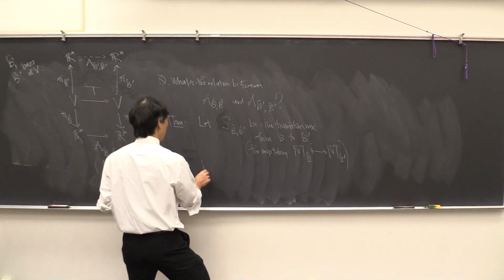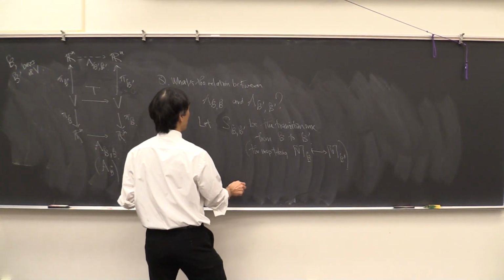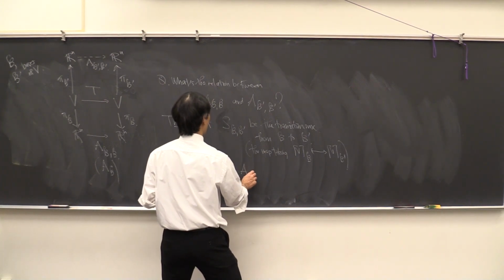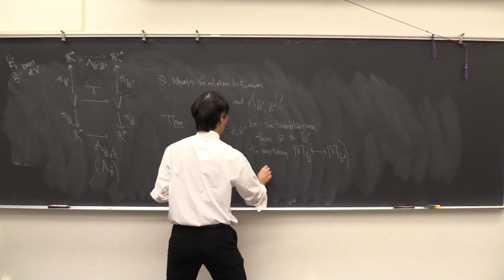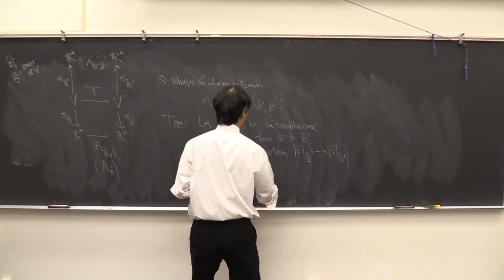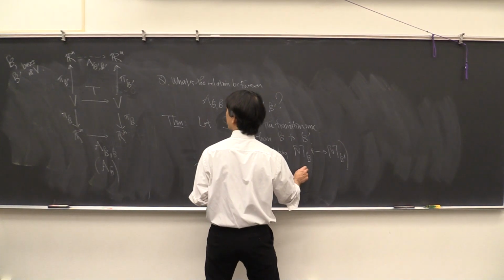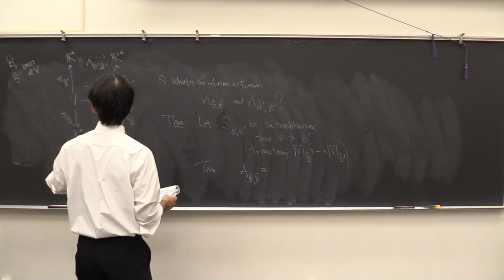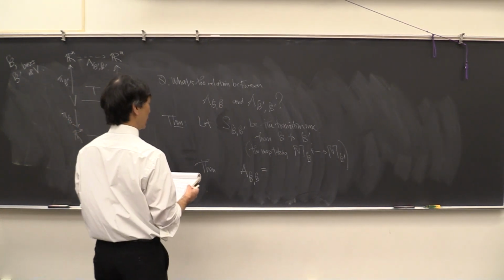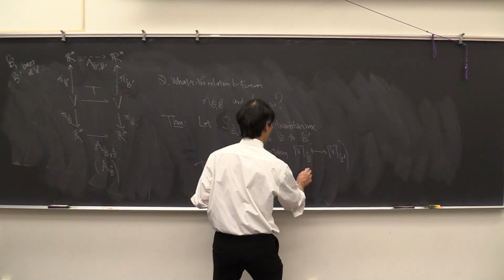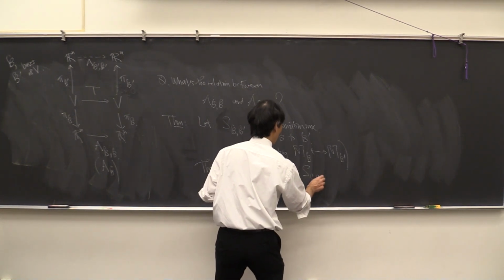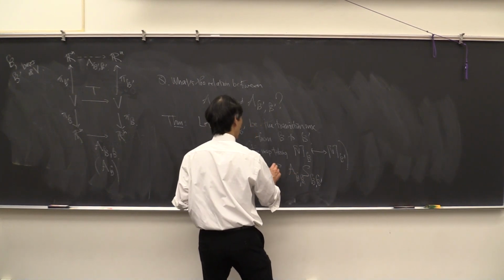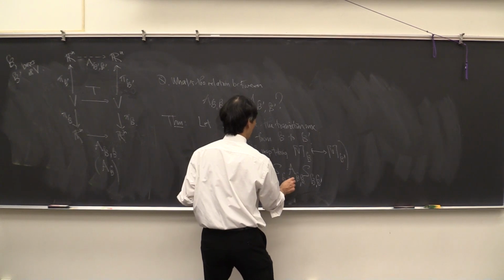Okay. Then A sub B, B is the same thing as S sub B, B prime followed by A sub B prime, B prime followed by S sub B, B prime inverse.